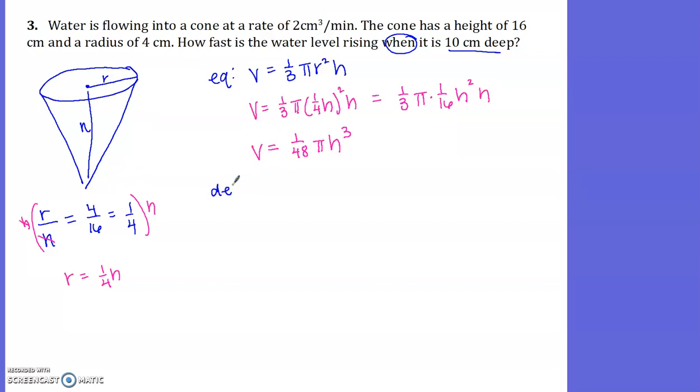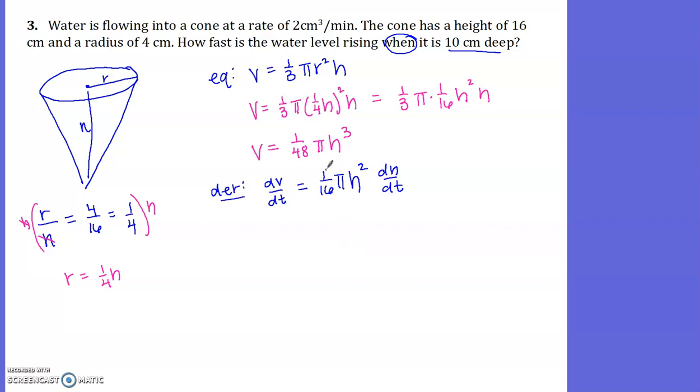And then from here, we can take our derivative. Okay, we no longer have to do product rule. Okay. So the derivative of v will be dv dt equals, you're going to do 3 times 1/48, which will give me 1/16 pi h squared dh dt.